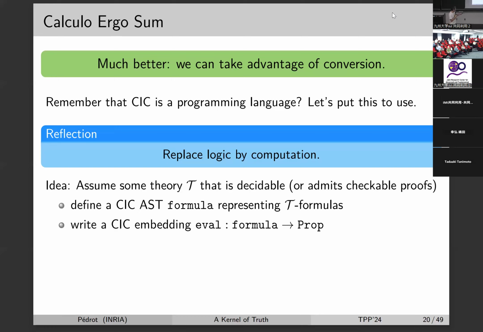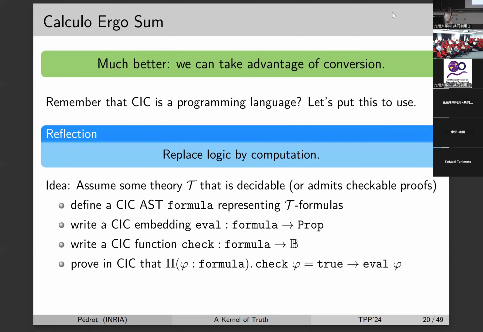You write something that turns these formulae into actual propositions of your proof assistant. You write a function that tells you whether a formula is true or not, right? And you prove that indeed, when the function says true, then the evaluation of the property is provable.